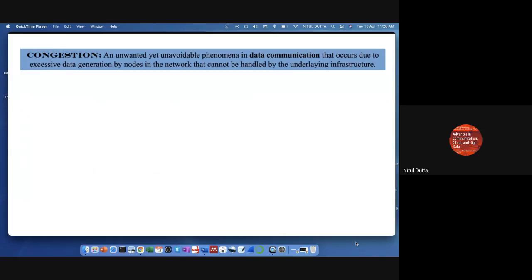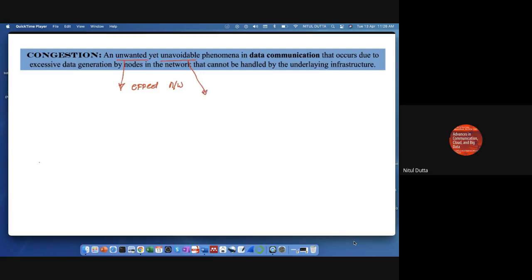Congestion is an unwanted yet unavoidable phenomenon in data communication that occurs due to excessive data generation by nodes in the network. Unwanted, because congestion affects network performance negatively.